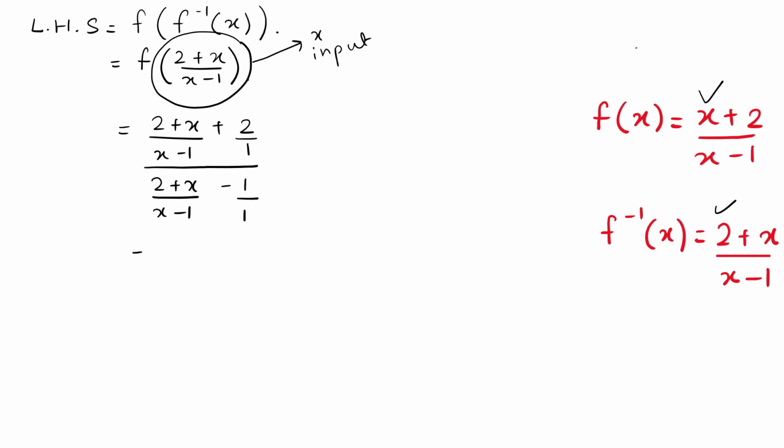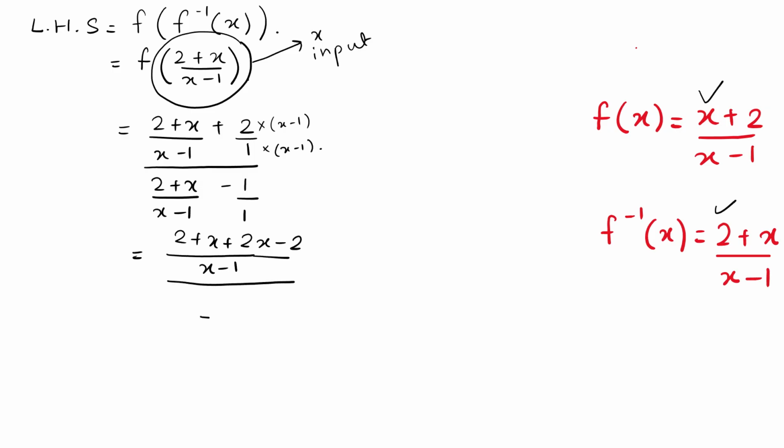For simplification, take LCM of numerator and denominator terms. LCM is x minus 1. To make the denominator same, multiplied with x minus 1. So it's 2 plus x plus 2x minus 2.